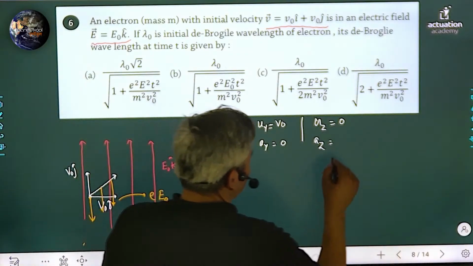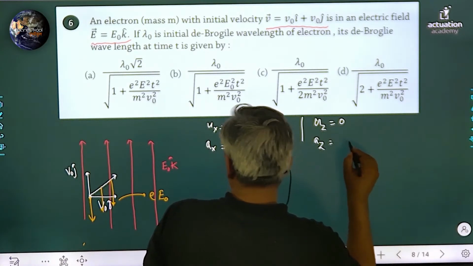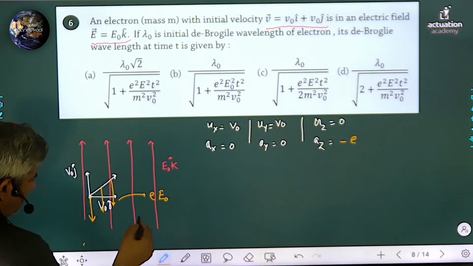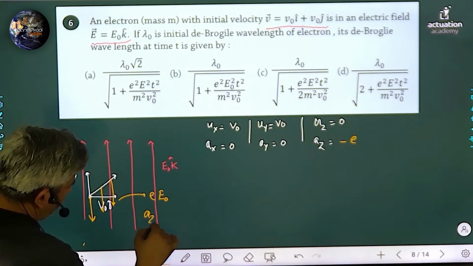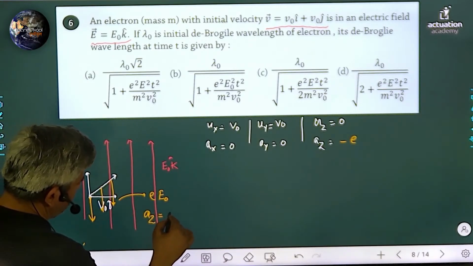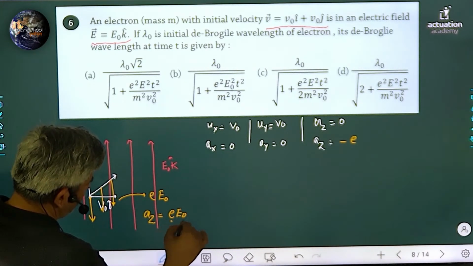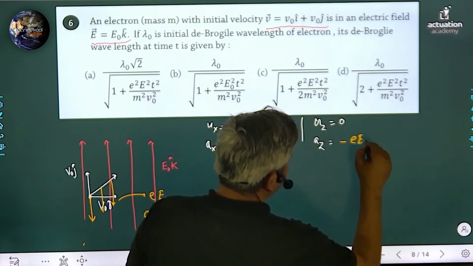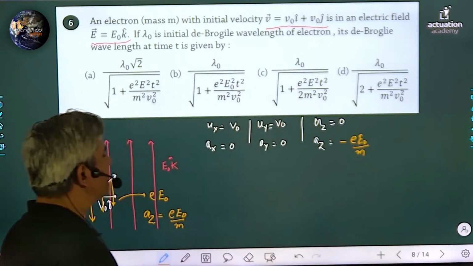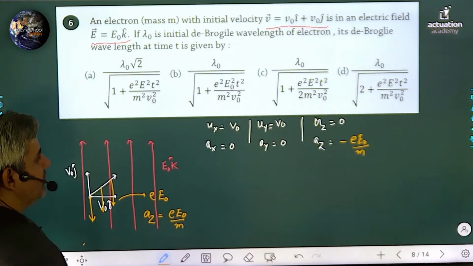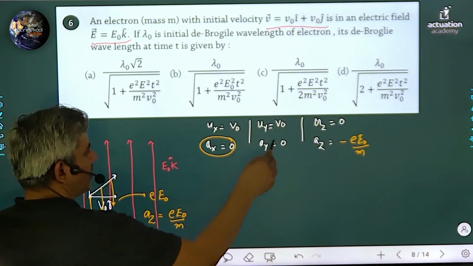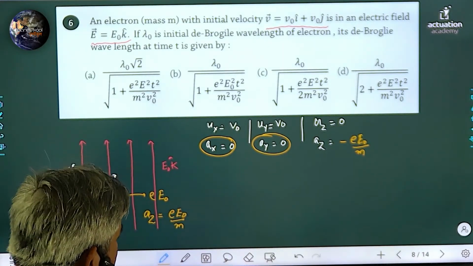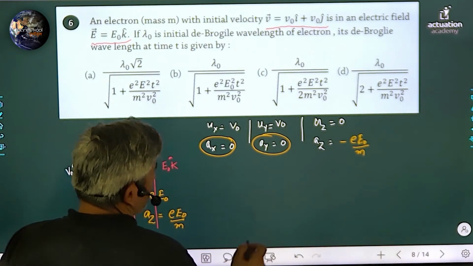This is downward, so we can write it as minus. If we want to calculate the acceleration of the electron, it will be only in z direction because the force is in z direction. So E naught by mass of the electron, and that's negative, so I would write minus E naught by m. Now, after time t, because there is no acceleration in x and y direction, there is no change in velocity in x and y, but the velocity in z direction will change, which was earlier 0.